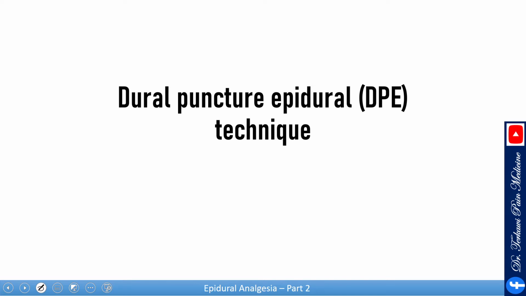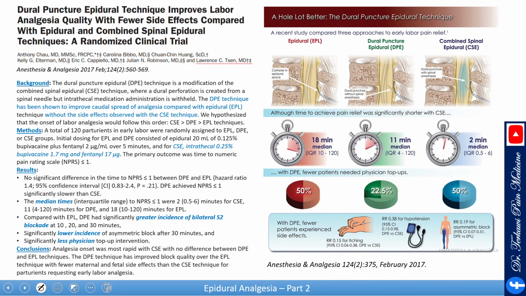Okay, dural puncture epidural technique. I'm a big fan of this technique. Why? This is a paper that was published in Anesthesia & Analgesia in 2017 by Dr. Tsen.